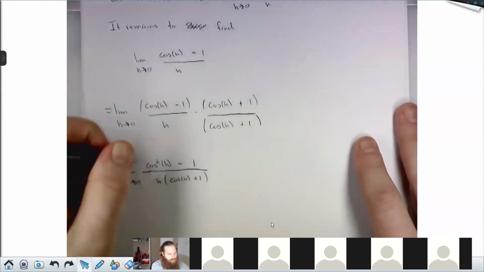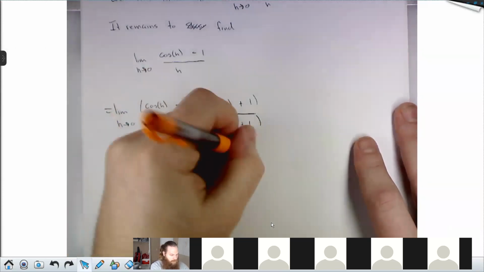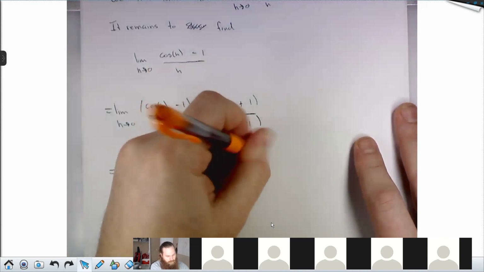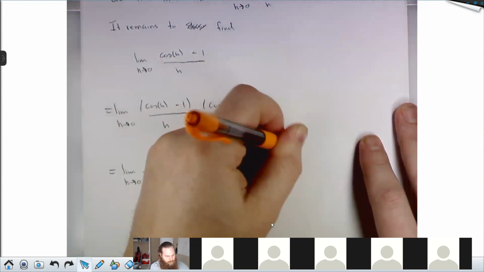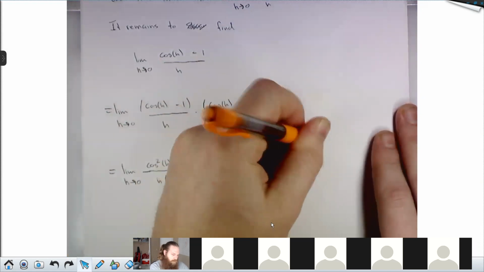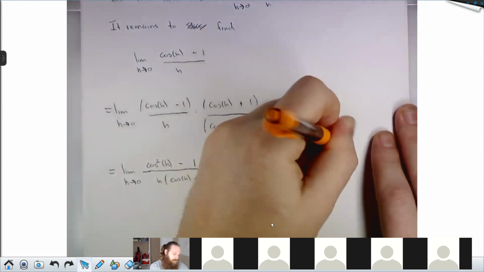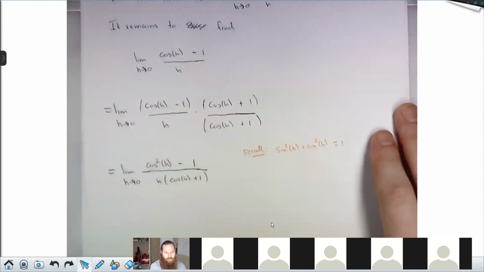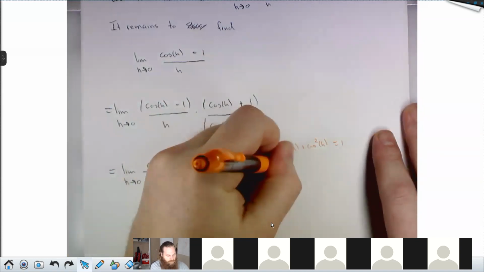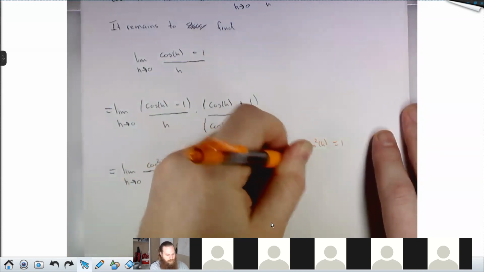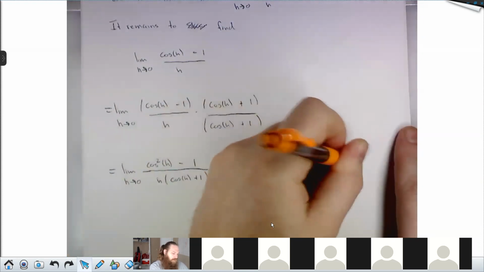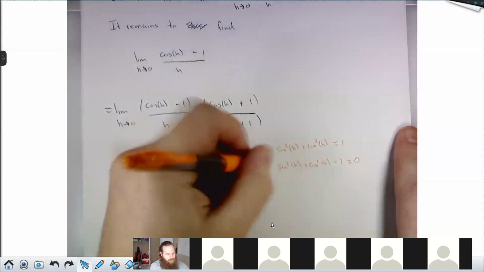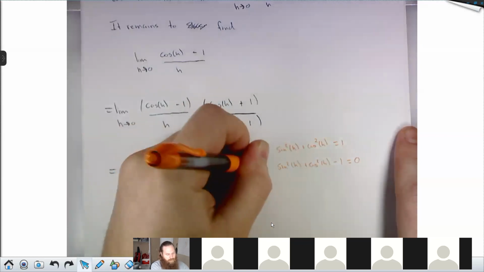And cos squared h minus 1, recall, sine squared h plus cos squared h is definitely 1. That's your Pythagorean identity. So if I subtract the 1 over, I'll get sine squared h plus cos squared h minus 1 equals 0. And then I can subtract the sine squared over.